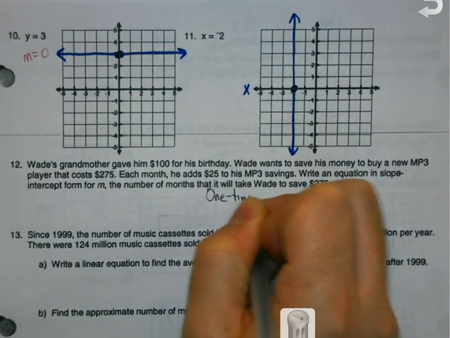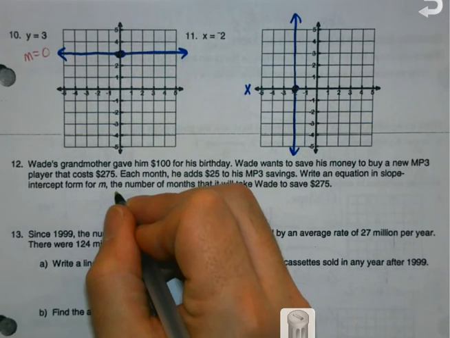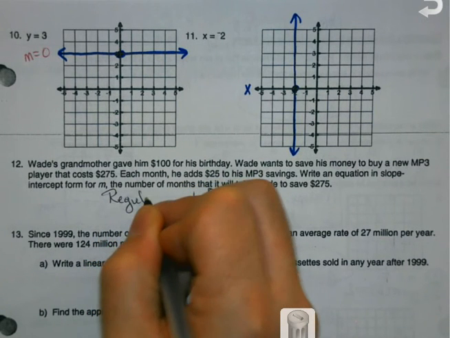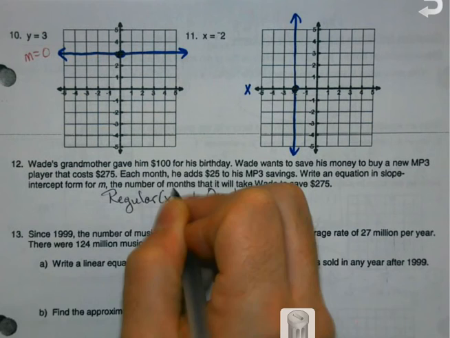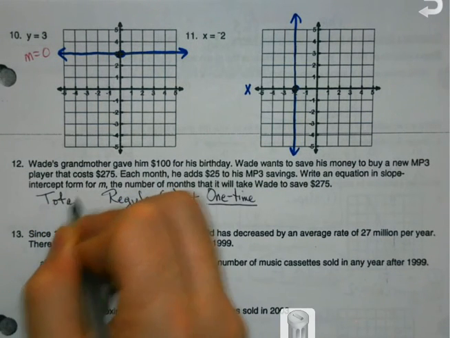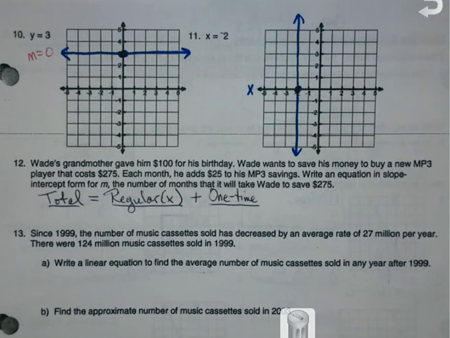Here we have something that occurs one time. I'll explain in just a second here. This says that the total, how much he's going to need at the end, is going to equal the regular, which I just call an addition, which is going to go to x, plus what he gets one time.